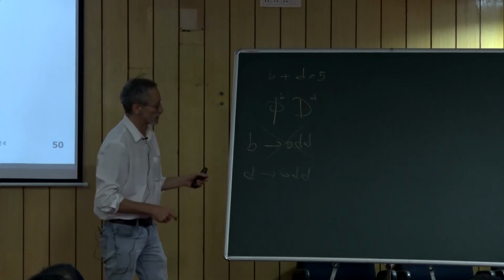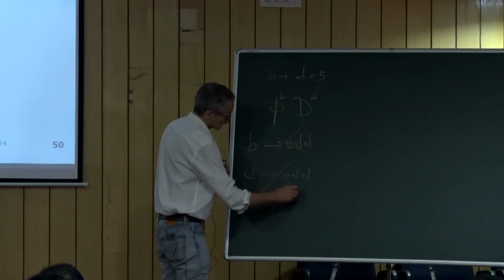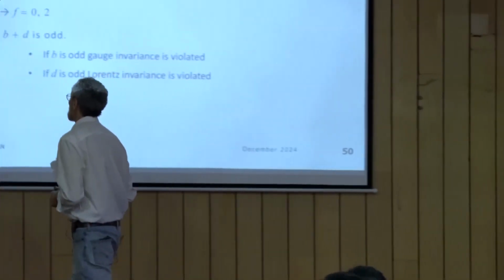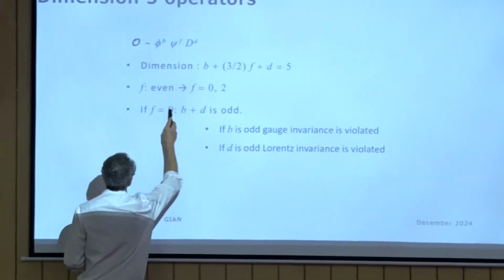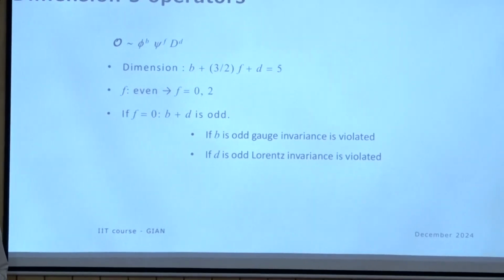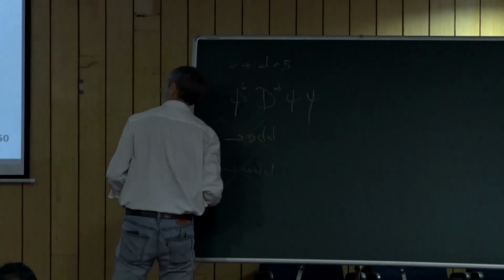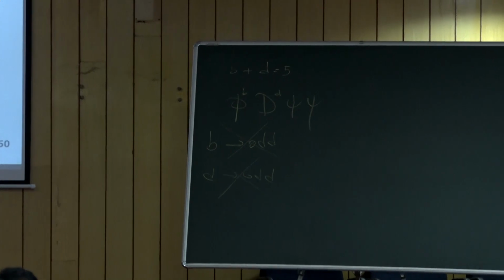And so it's disallowed, violates the symmetries. Thus disposing of the case F equal to 0. Our operator, if it exists, must have 2 fermions. So let's look at that case now. So now we have something that looks like this. And I'm going to erase the other 2 possibilities.